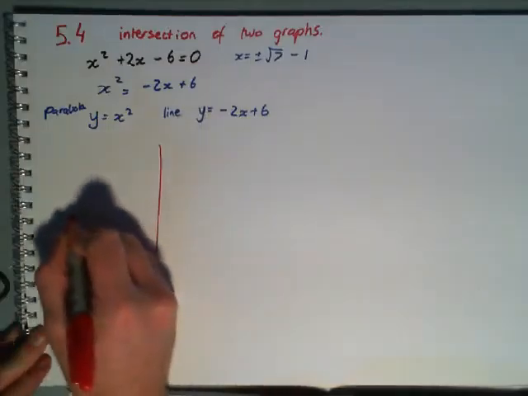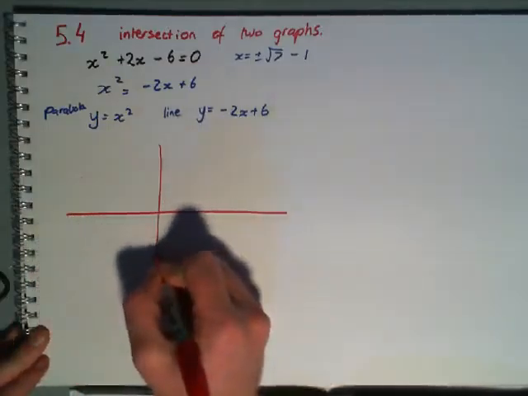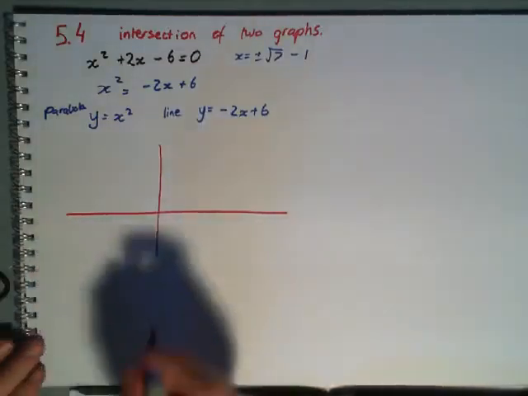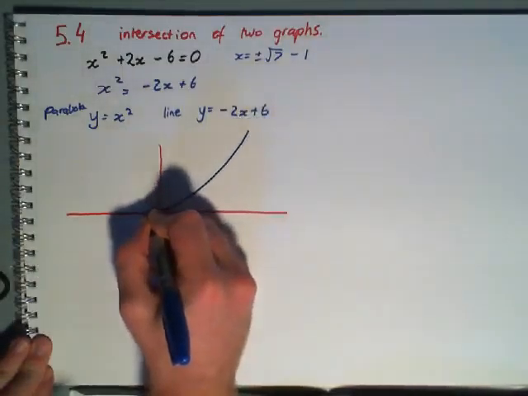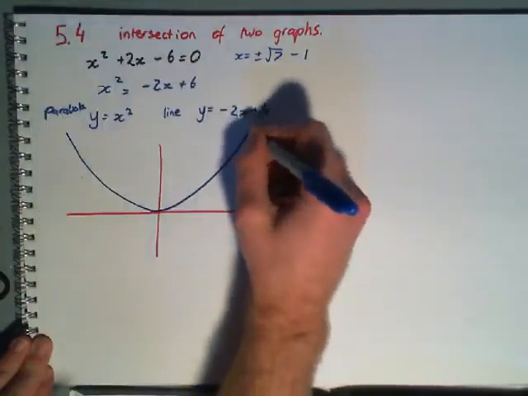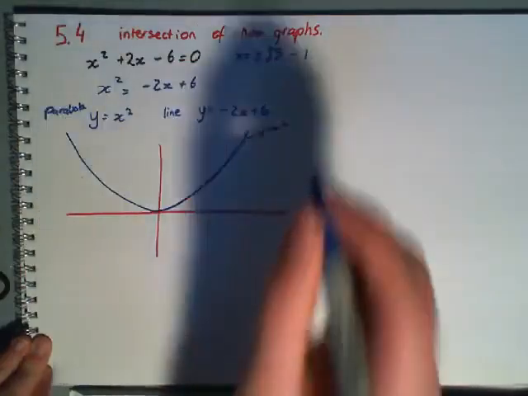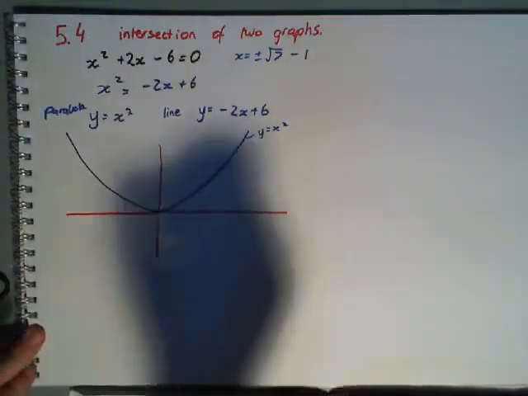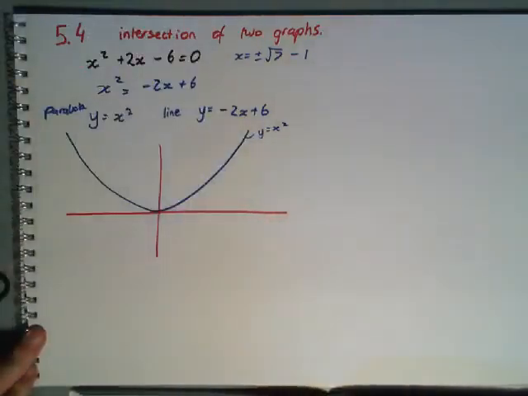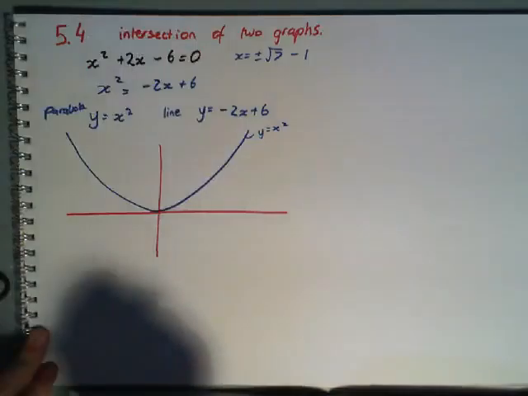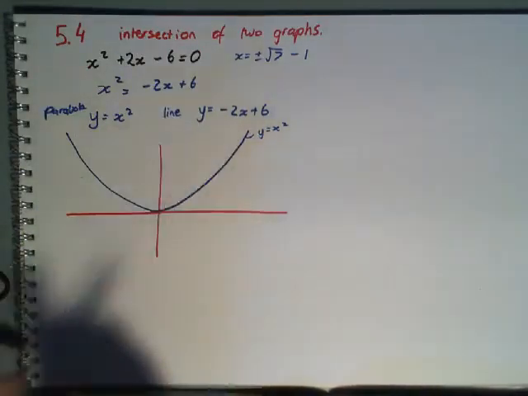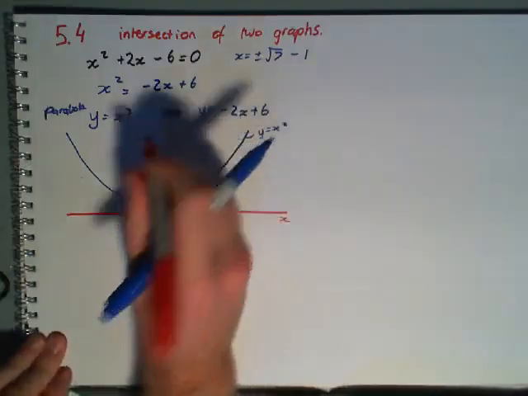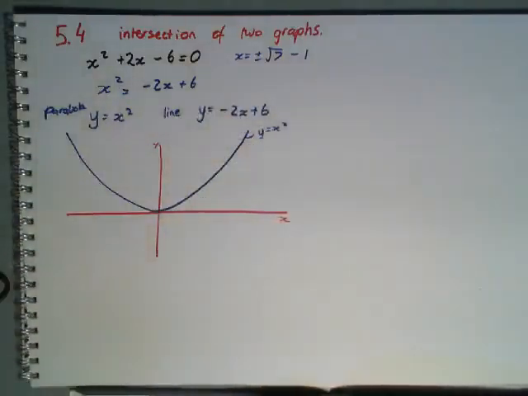Well, let's draw our axes and draw in the graphs. So we'll say x squared looks something like this. Well, let's put some points in. Well, here's x, here's y. Actually, let's draw the other line. So minus 2x plus 6.